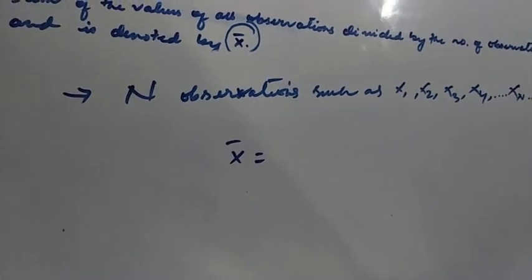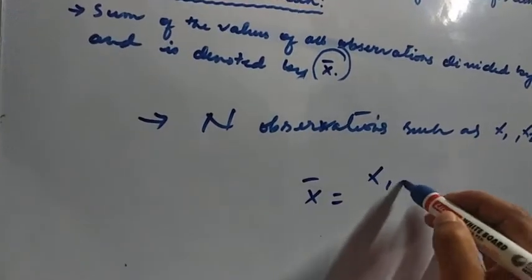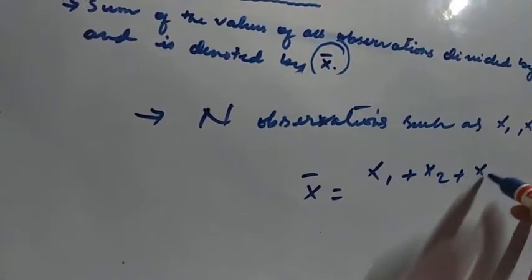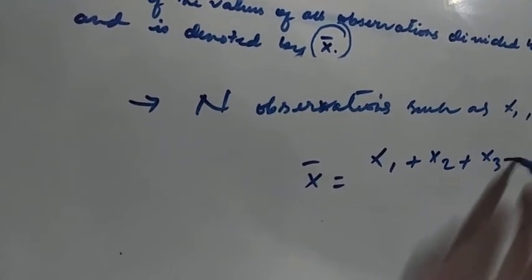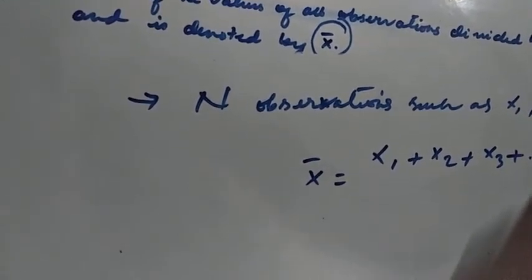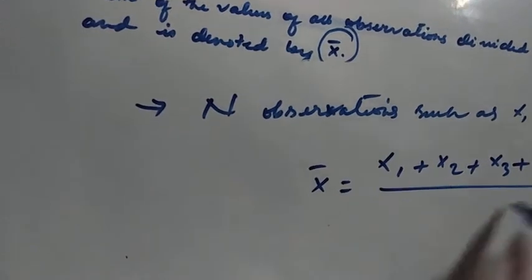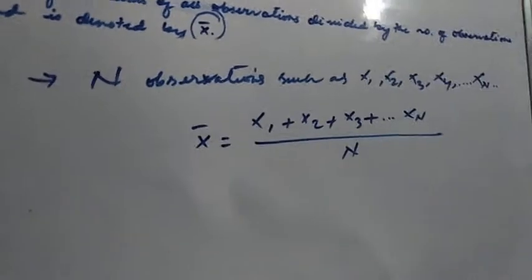The arithmetic mean will be x1 plus x2 plus x3 plus up to xn, divided by the number of observations.